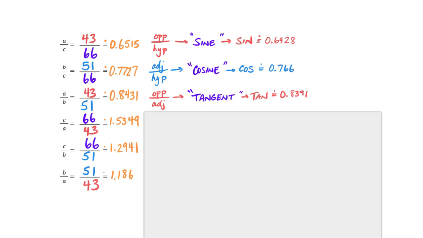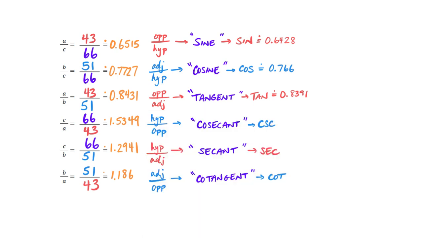Okay, we're going to make a note of that in a moment. All I want to do is just get rid of that whole box. So I'm going to get rid of that thing. You can now see the other 3 ratios. I don't even really care about the mathematical value of them. We already figured that out when we dealt with the first 3. But I want to introduce you to the names of those last 3.